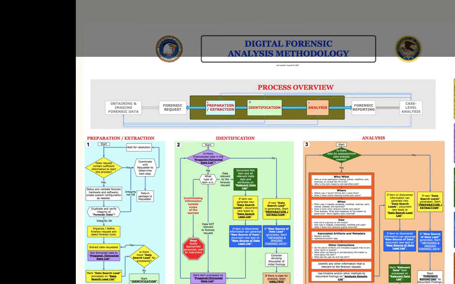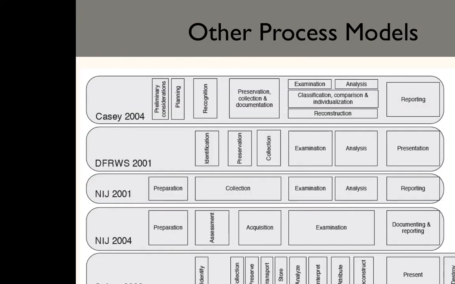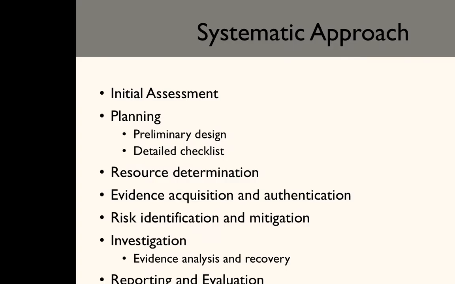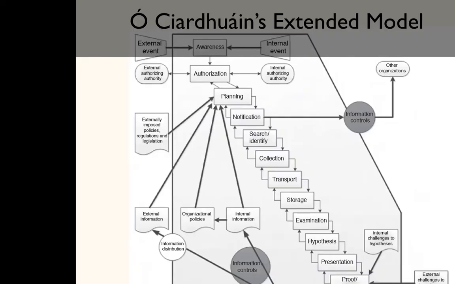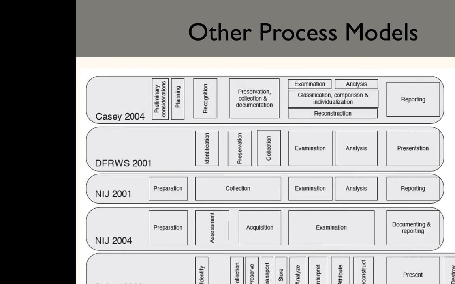So we are not going to dive into them, but you need to know that this is very serious stuff because we are talking about criminals. So there are all kinds of models proposed in academia as well.